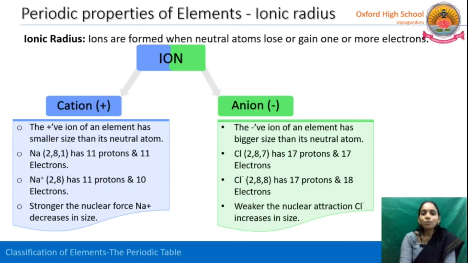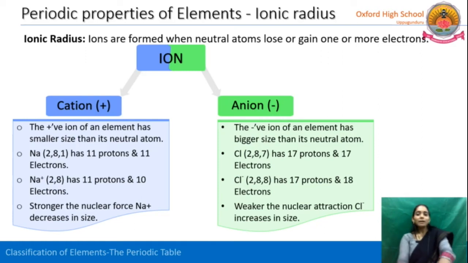It gained 1 electron to possess a stable electronic configuration. So the electronic configuration of chloride ion, Cl minus, is 2, 8, 8. Same number of protons, but one more electron added.